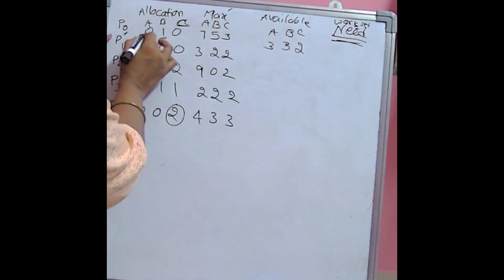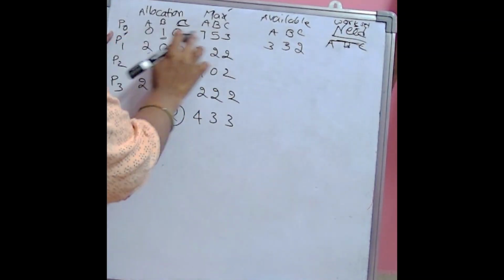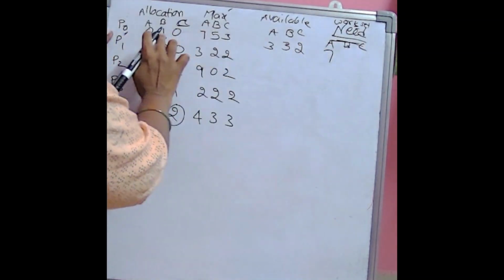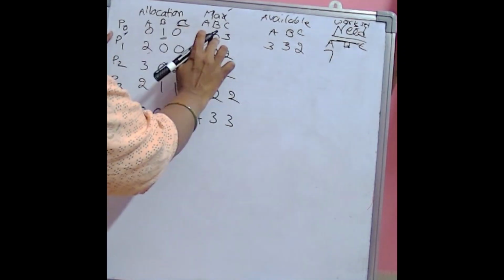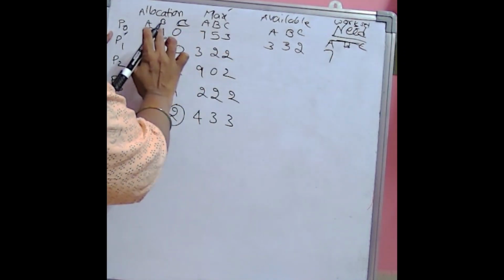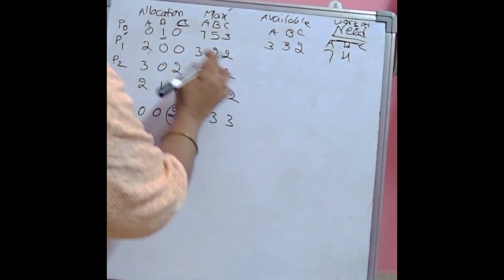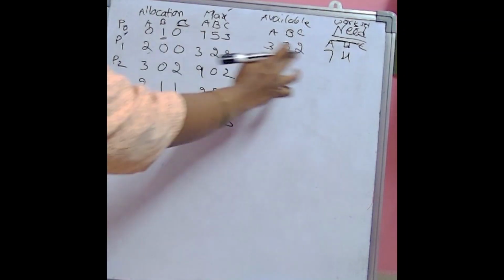For P0, how many more resources does it require? A type, B type, and C. It requires 7 of A, and it already has 1 of B. If you provide the remaining 4 units, the total will be 5 and it completes its execution. So how many more does it require? 7 minus 1, that is 4 more.